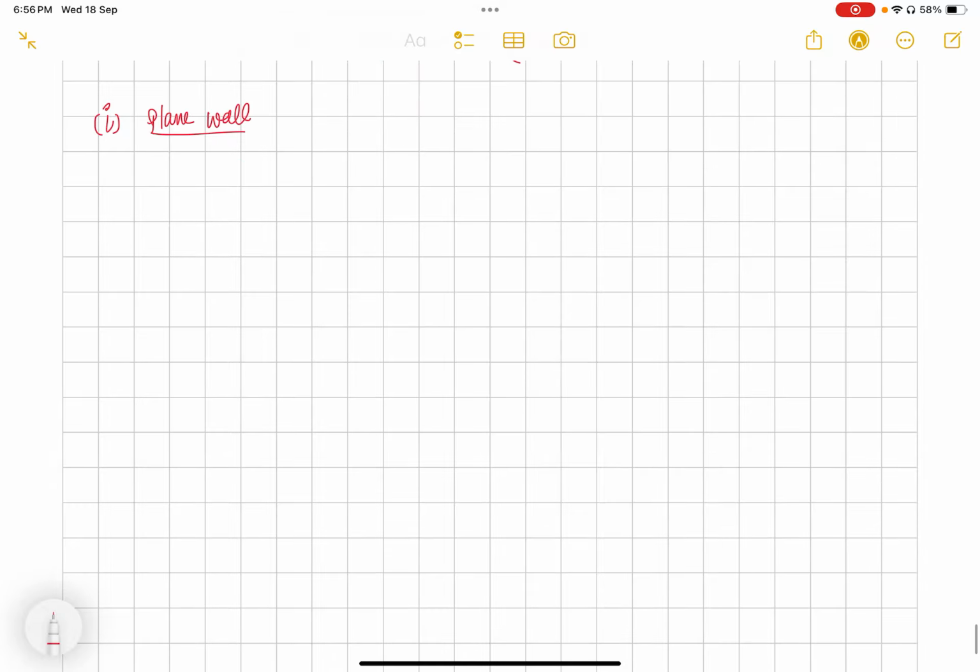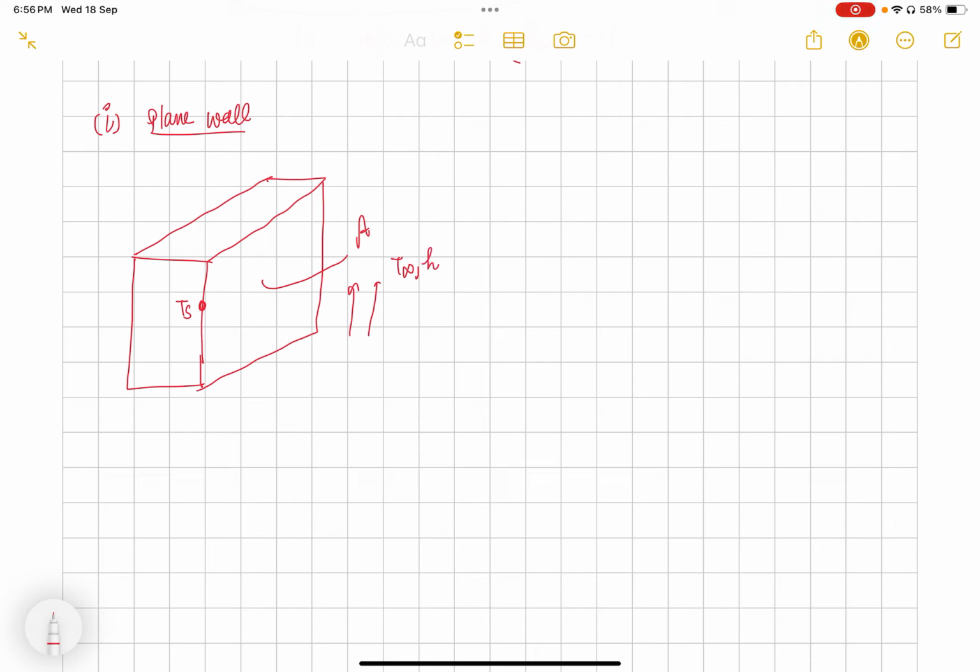Assuming this is the plane wall and it has surface area A, and this surface is maintained at temperature Ts, and it is kept in ambient having T infinity and h heat transfer coefficient. To reduce the heat loss, we are insulating it from one side.